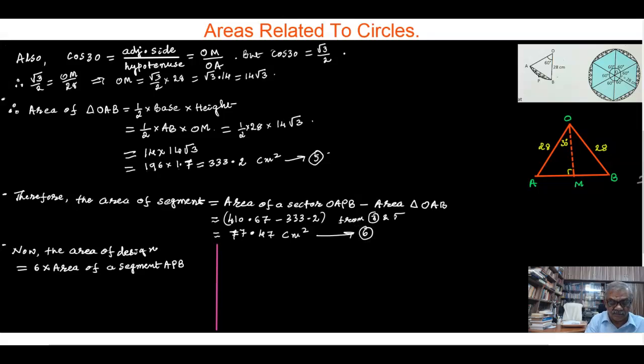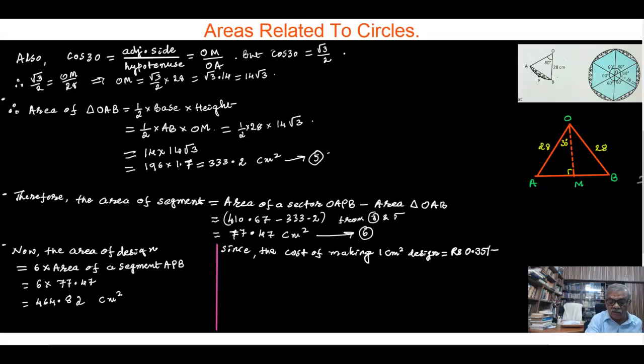Now the area of the design equals 6 times the area of the segment APB, that equals 6 times 77.47, equal to 464.82 square centimeter.